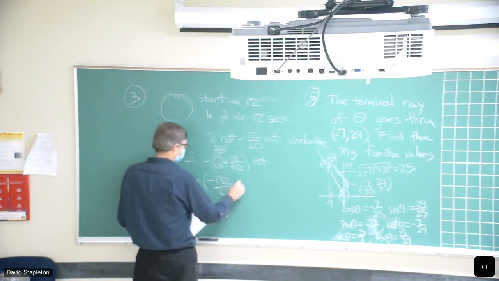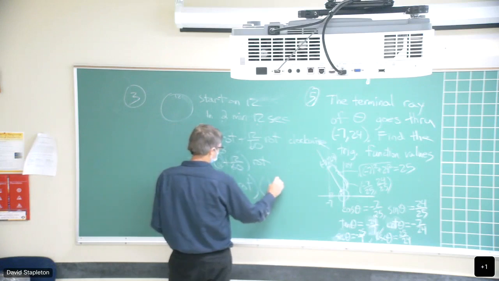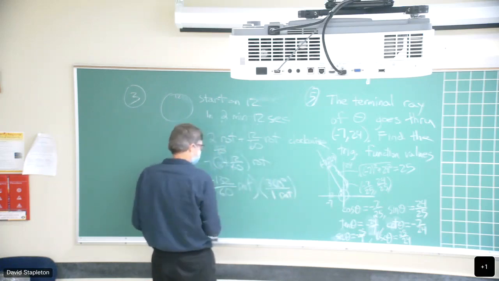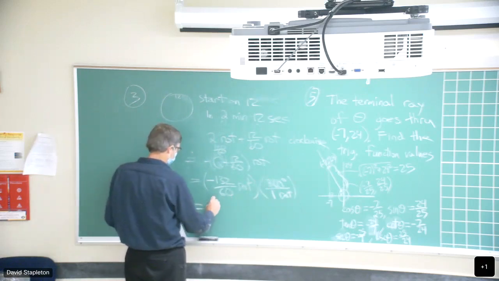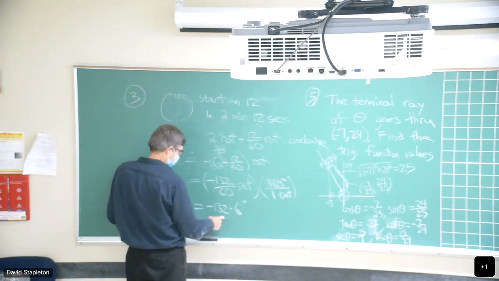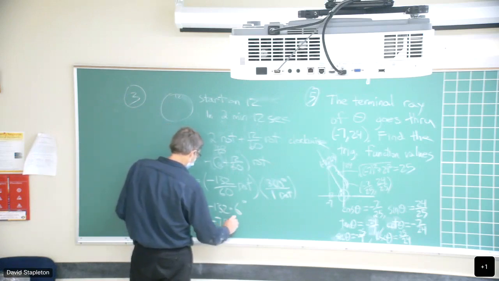And now that's rotations. Converted to degrees, I multiply by 360 degrees for every one rotation, and then cancel the units of rotations. 360 over 60 is 6, so I can just rewrite this as negative 132 times 6 degrees. So I get negative 792 degrees.